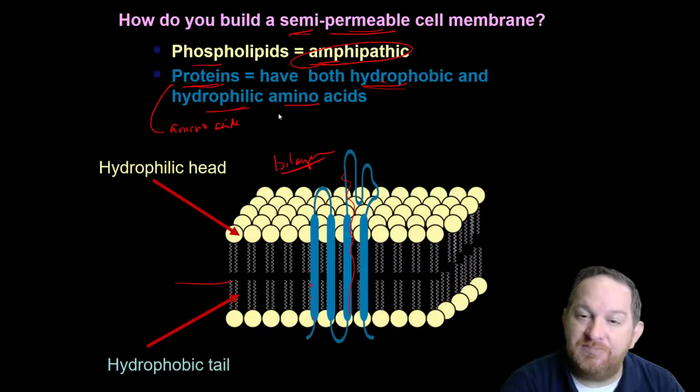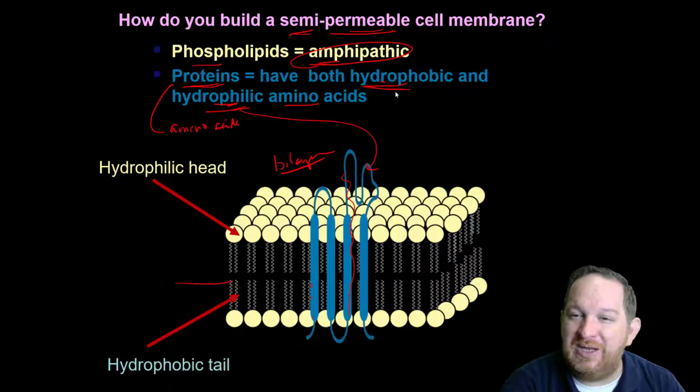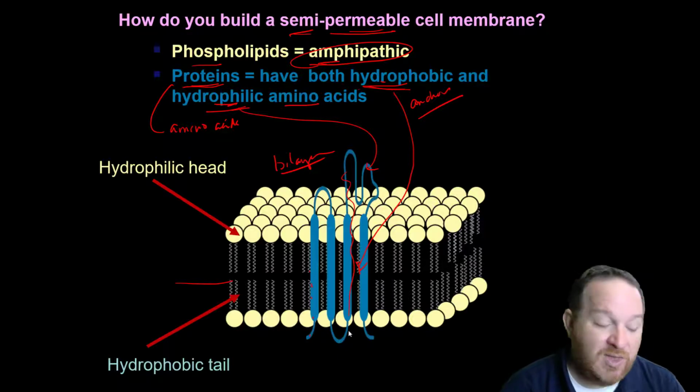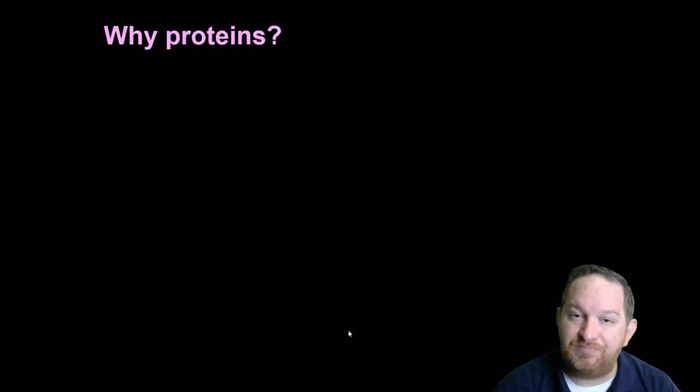Some are hydrophilic. So if you think about that, the protein is going to orient itself in the membrane to have the hydrophilic part out here. It's fine with water. But that hydrophobic part doesn't want to be close to the water, so it's going to orient itself here in the fatty acid chains. This will help it anchor and be a great protein and channel that other things can move through.